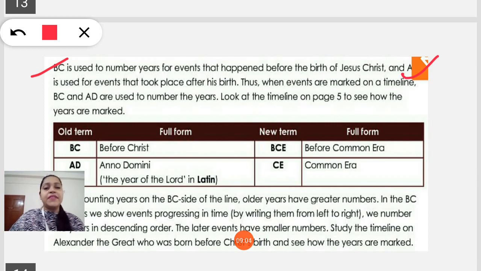BC is used to number years for events that happened before the birth of Jesus Christ, and the events that took place after the birth of Jesus Christ are termed as AD. They are written as Before Christ, BC, and Anno Domini, AD. Now it's called BCE, Before Common Era, and CE, Common Era.